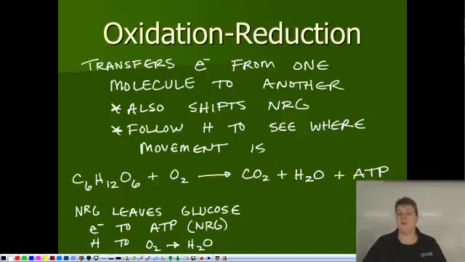You know that the energy is leaving the glucose molecule because the hydrogens are leaving that glucose molecule. And all that is left behind is CO2. CO2 is not a high energy molecule. There's not much left there. Very few bonds, only 3 atoms. And so the energy has shifted over to the ATPs. The hydrogens go to the oxygen to form water.